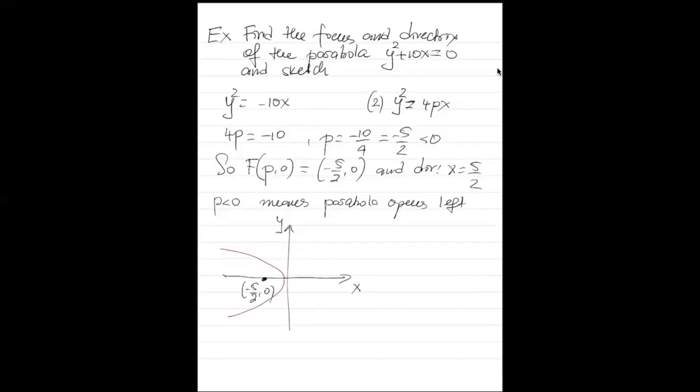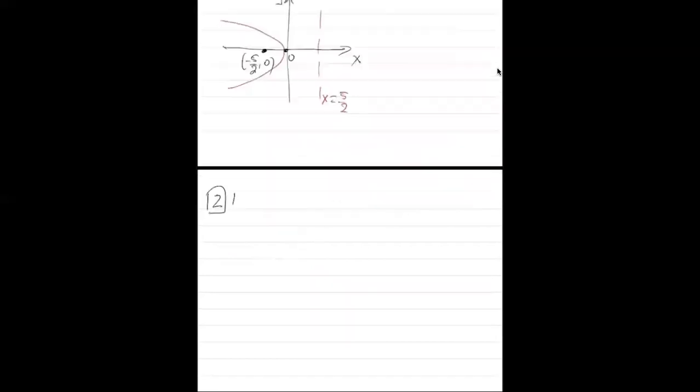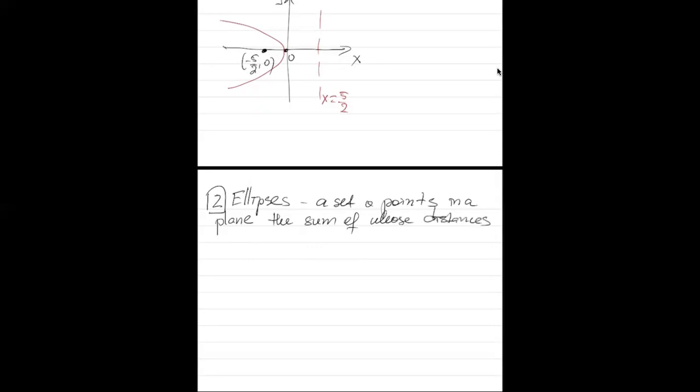Definition: it's a set of points in a plane, the sum of whose distances from two fixed points F1 and F2, called foci, is a constant. These two fixed points are called foci.